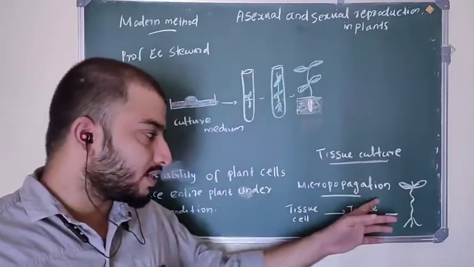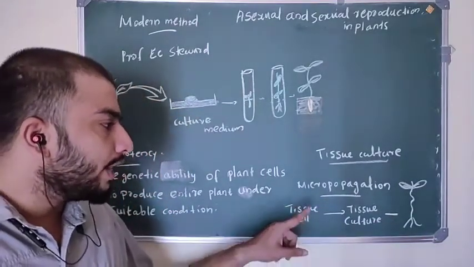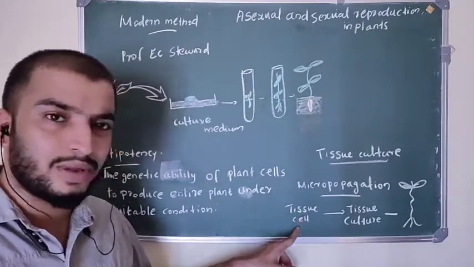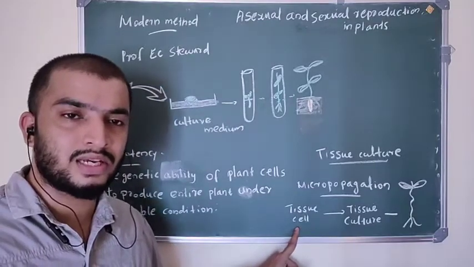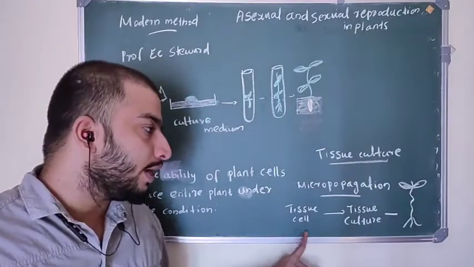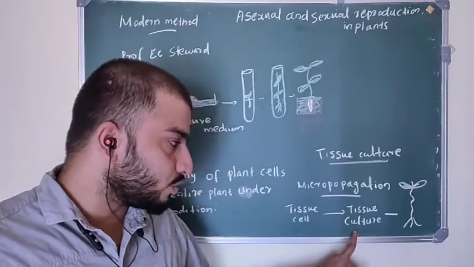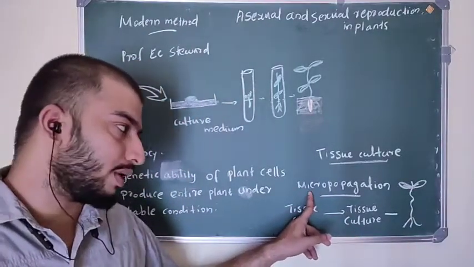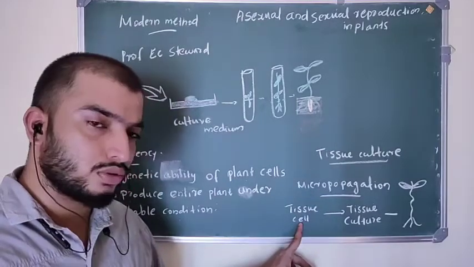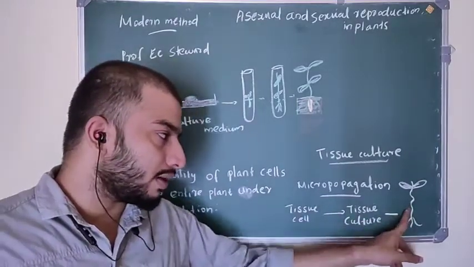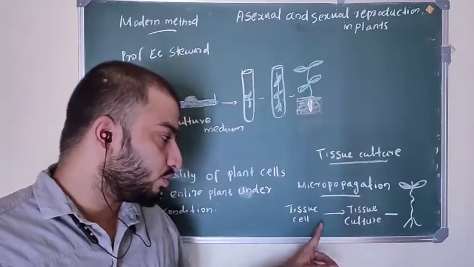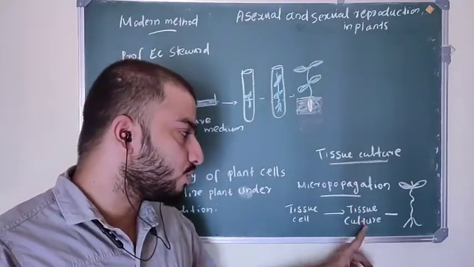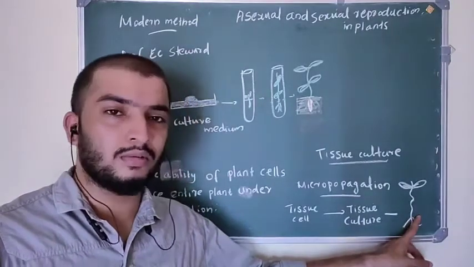So micropropagation means we develop plants from tissues or cells or vegetative parts, maybe from stem, leaf or root, into a complete plant through tissue culture, and we use them for cultivation.